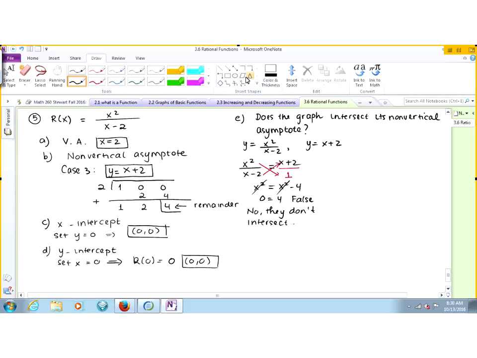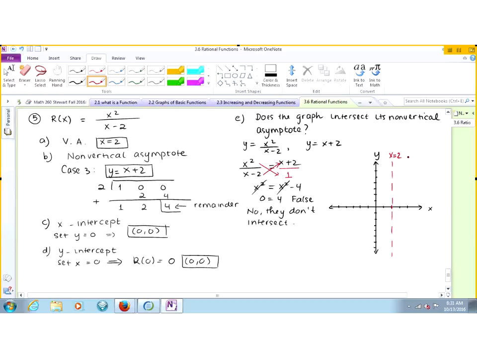Okay, I'm writing here because I want to graph on the other side. All right. So let me graph on the other side. X, Y. All right, so x equals 2.